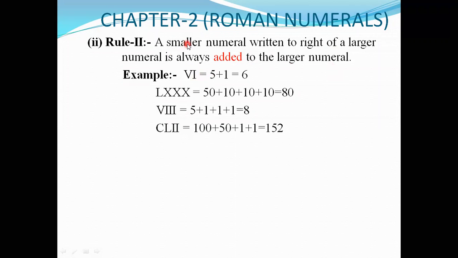Where is the smaller numeral? I is the smaller numeral, V is the larger numeral.